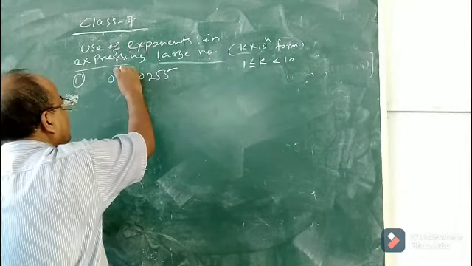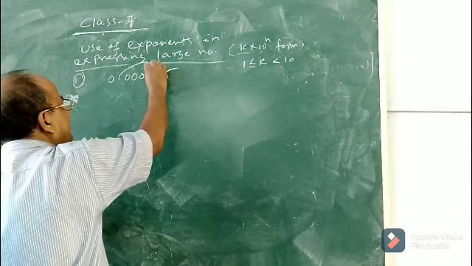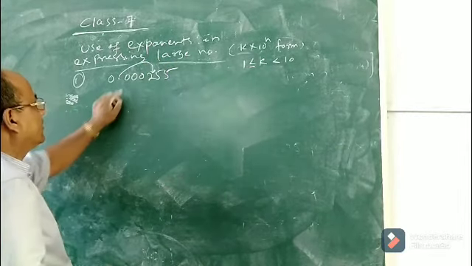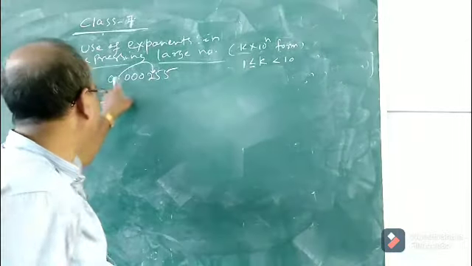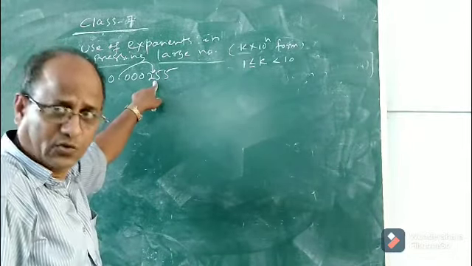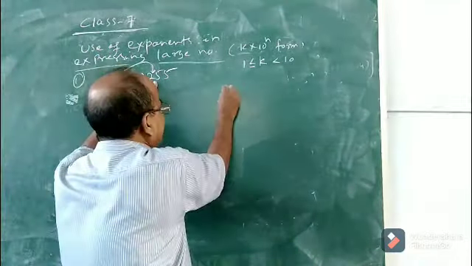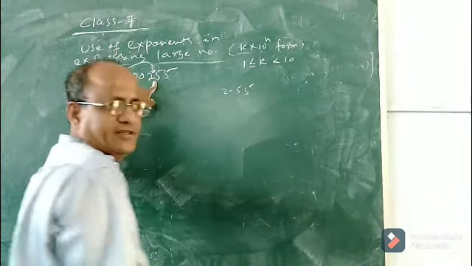Now if this point, I am showing it by means of arrow, if this point is shifted to this place, that means if this point comes after 2, so what will be this number? It will be 2.55, see children.